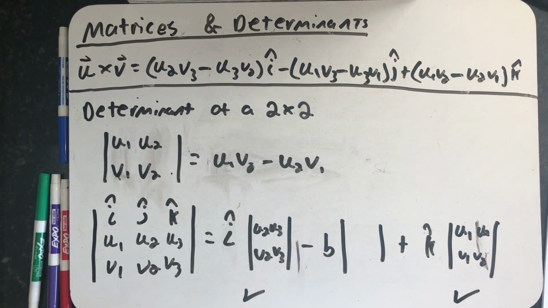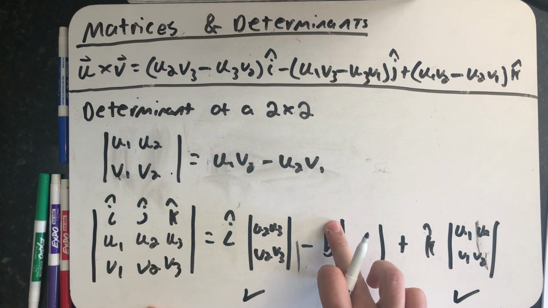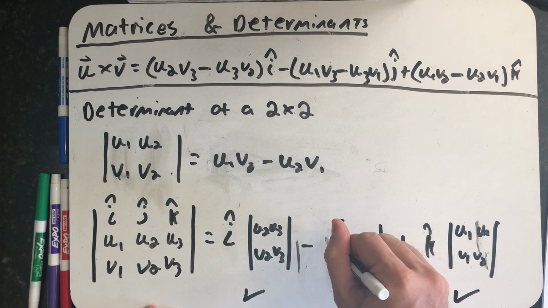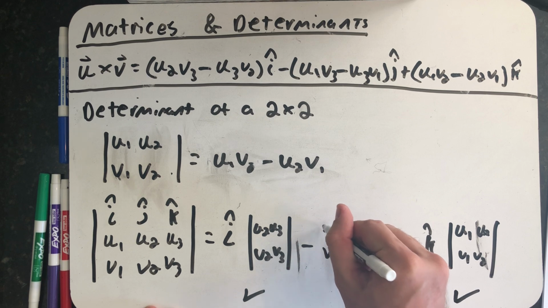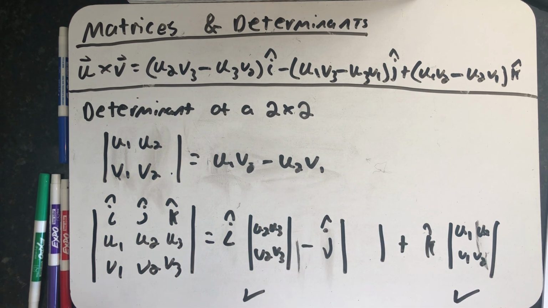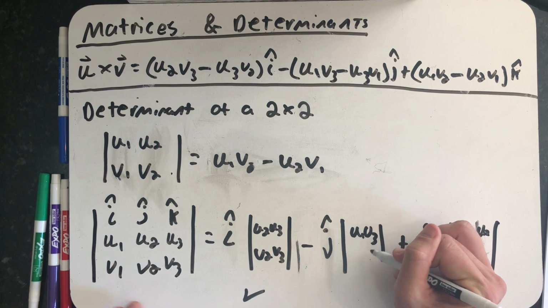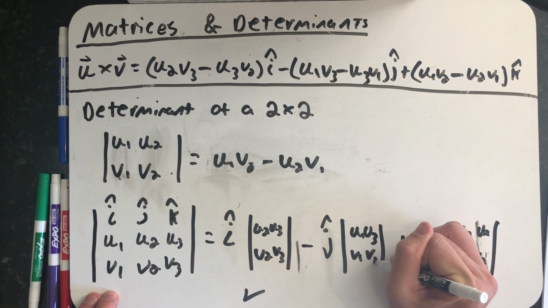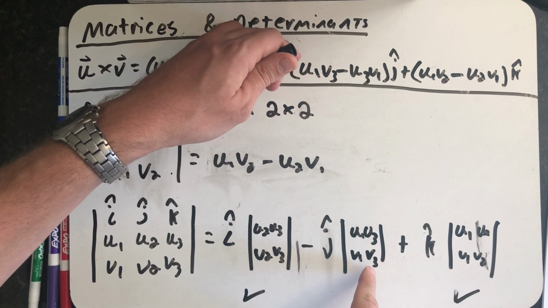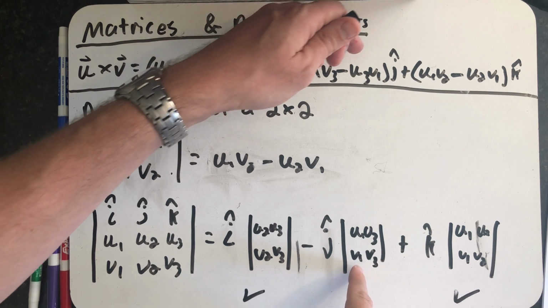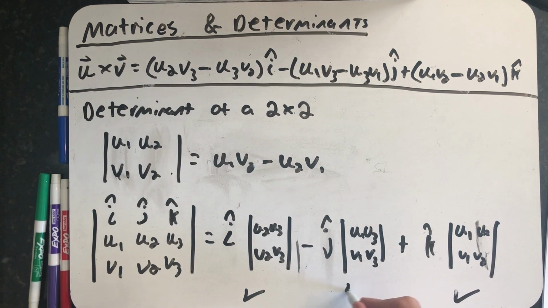We know it already works for this one. So all we have to do is check this last one where this B should be replaced by vector J. All right, U1, U3, and V1, V3. All right, well, I have U1 V3 minus U3 V1.